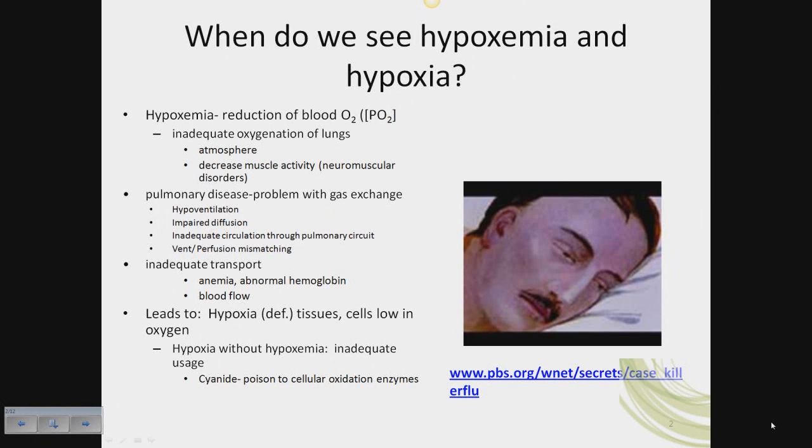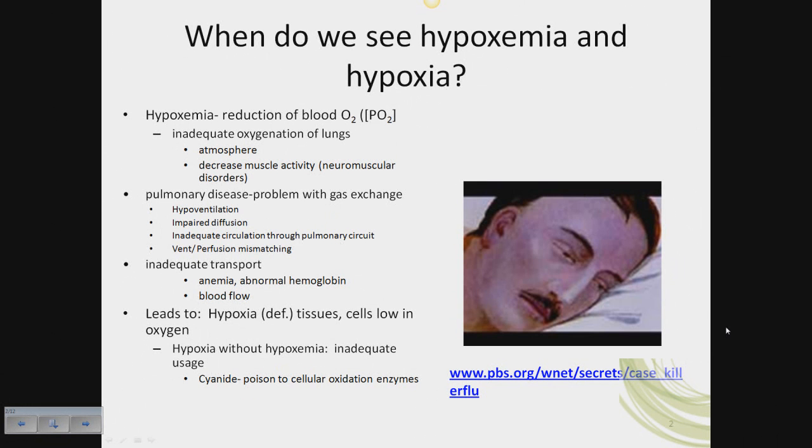Anyway, your lungs use a variety of chemical signals to try as best they can to match the amount of ventilation to perfusion. Along that discussion, you should have learned about physiologic shunts and physiologic dead space. We also can get hypoxemia if there's inadequate transport.